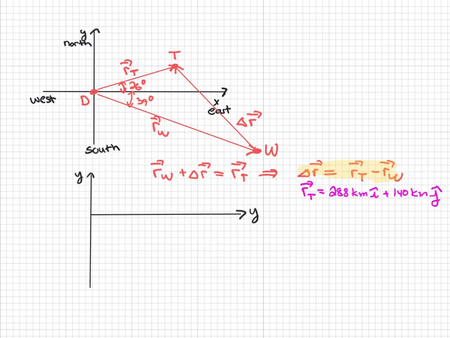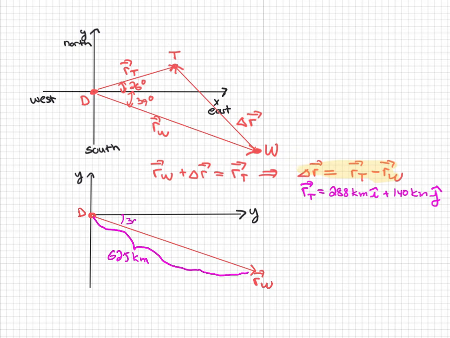Okay, and now I want to do a similar thing with finding the coordinates of my r_W vector, the vector which gives me the position of Washington. So here is r_W. Detroit is at the origin, and we're told in the problem that this distance here is 625 kilometers, and that the angle here is 39 degrees south of east.